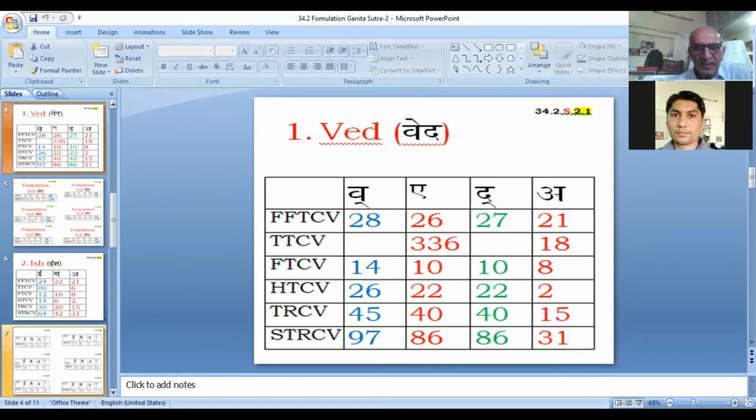These TCV values of these quadruple letters are to be approached for their six inner folds. These six inner folds are FFTCV, TTCV, FTCV, HTCV, TRCV, and STRCV.